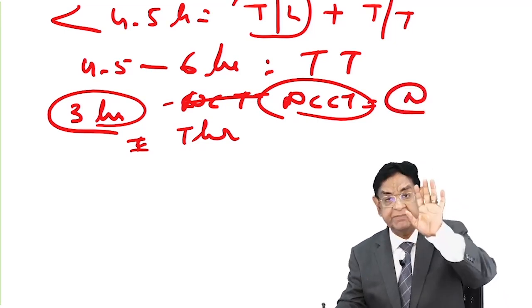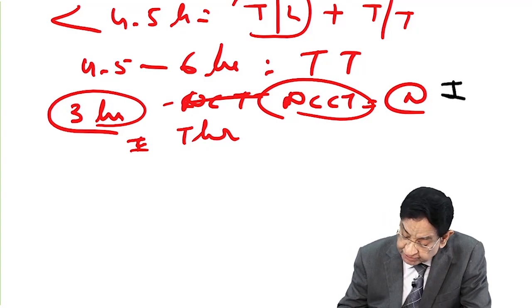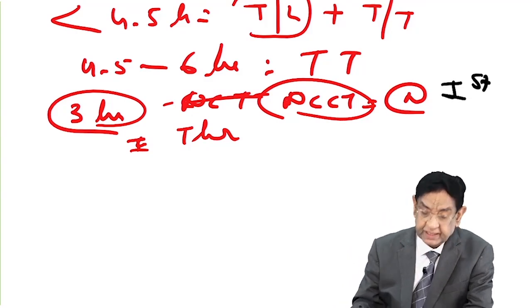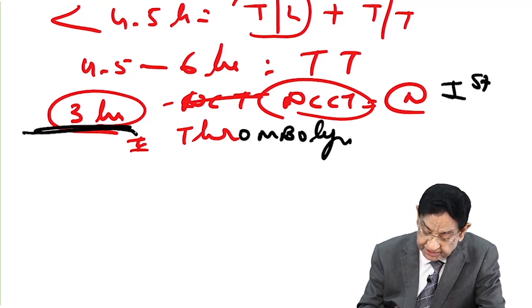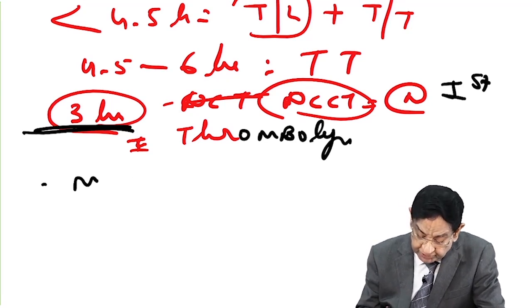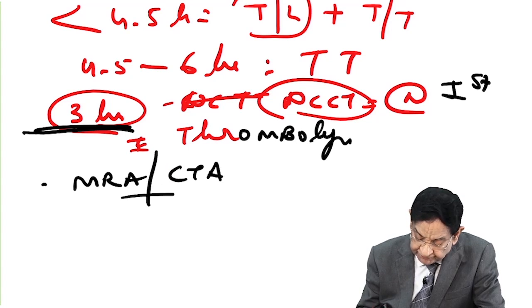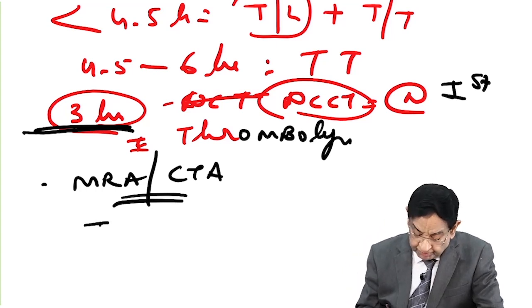That means ischemia is there. It's the first thing to be done. After that, I give thrombolysis. He has come within 3 hours. And after that, I'll go for MR angiography or CT angiography. And if I can locate the clot, now I'll go for thrombectomy.